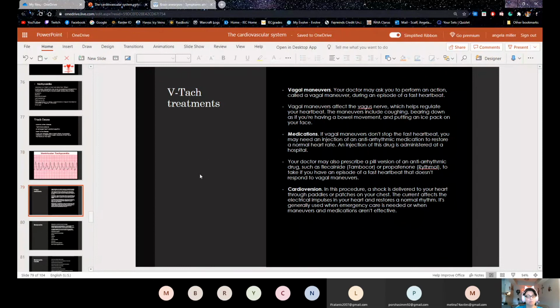The treatments, then, are going to be dependent on the doctor that you work for. For me, when I worked as a paramedic, the most common thing that we try to do is have the patient do what's called a vagal maneuver. The vagus nerve runs from the face all the way down.